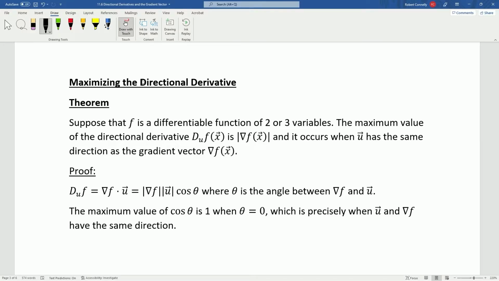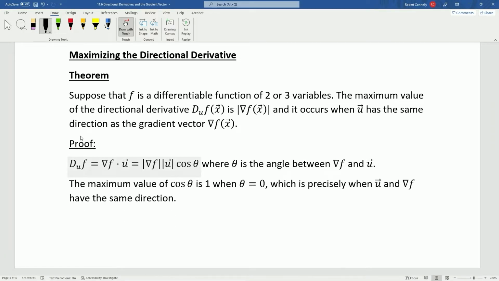So maximizing the directional derivative. So theorem, suppose that f is a differentiable function of 2 or 3 variables. The maximum value of the directional derivative is the magnitude of the gradient vector of f, and it occurs when u has the same direction as the gradient vector of f.